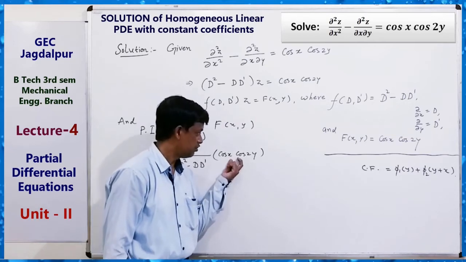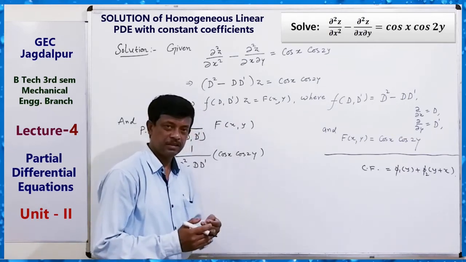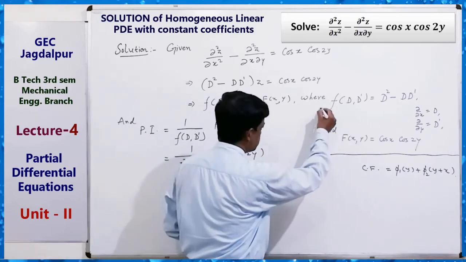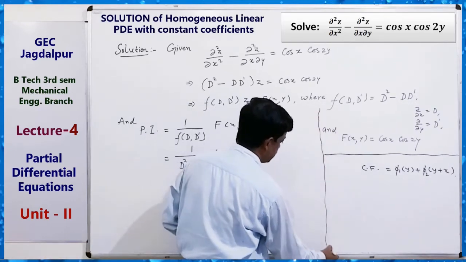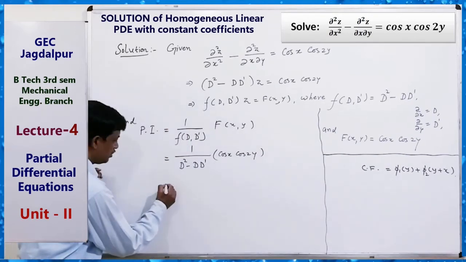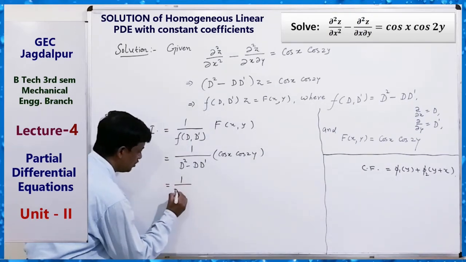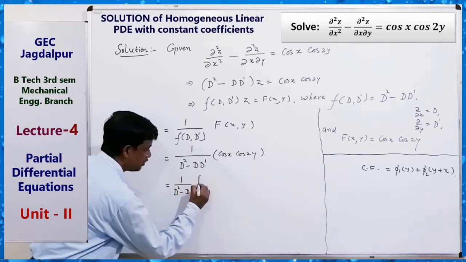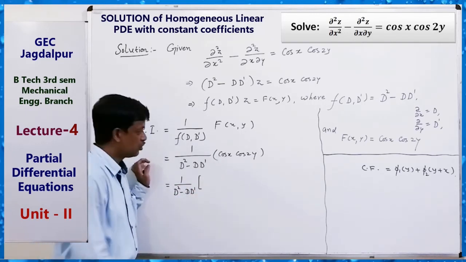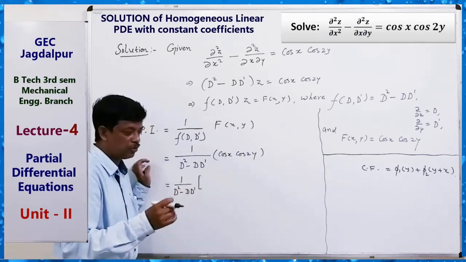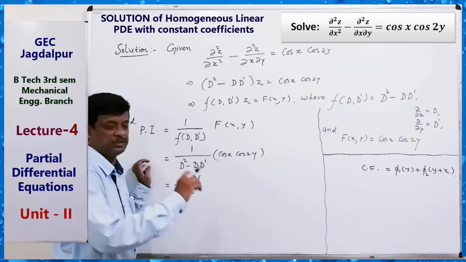This multiplication can be written as a sum, like this: 1 upon D square minus DD dash. This can be written using cos a cos b equals 1 by 2 of cos a plus b plus cos a minus b.